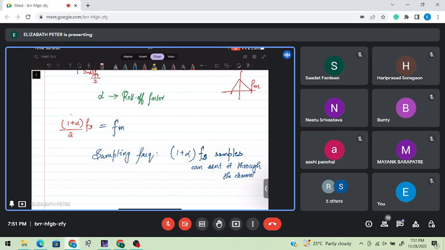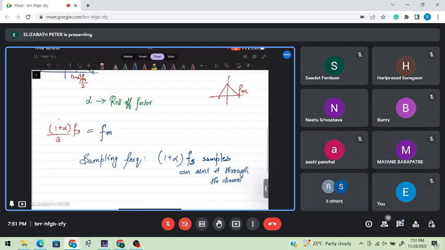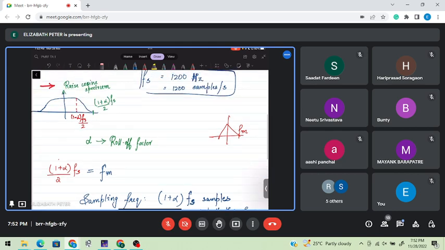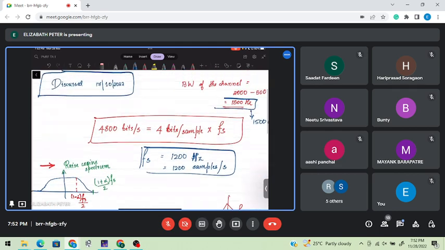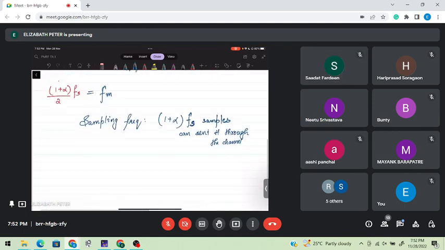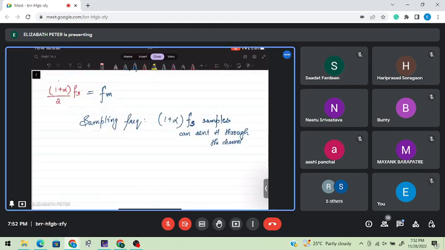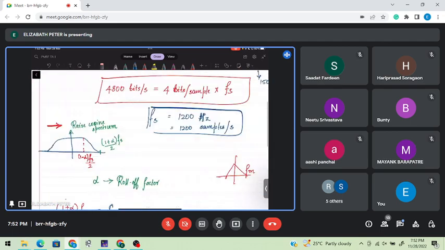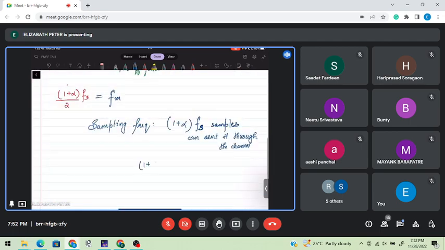Did you follow this step? Okay. It says I'm utilizing the entire channel spectrum. That means I will equate (1 plus alpha) fs equals 1500.